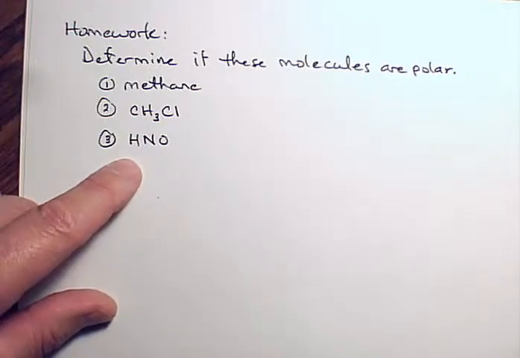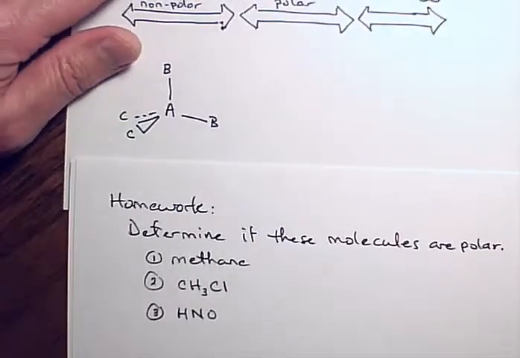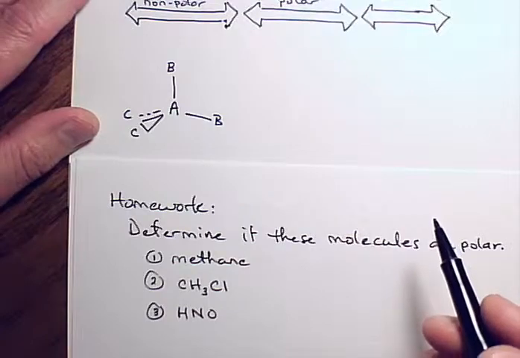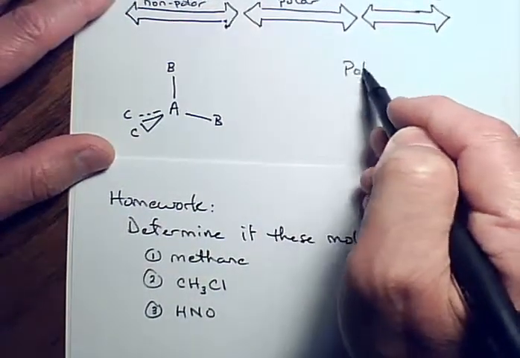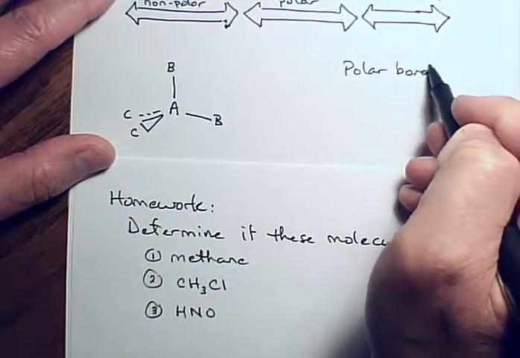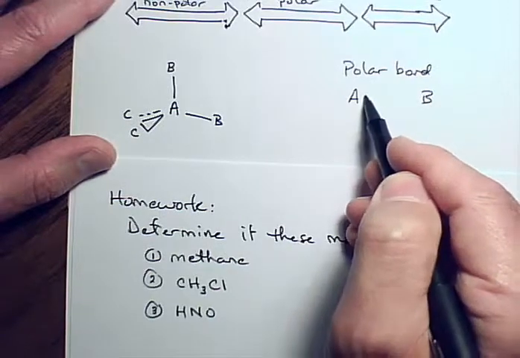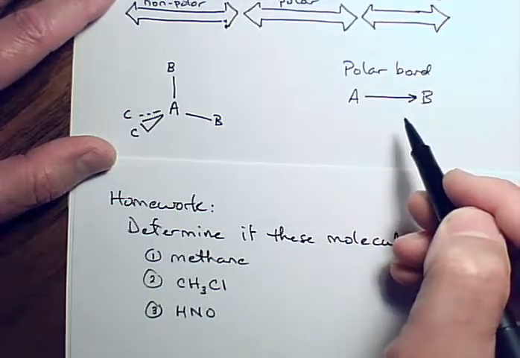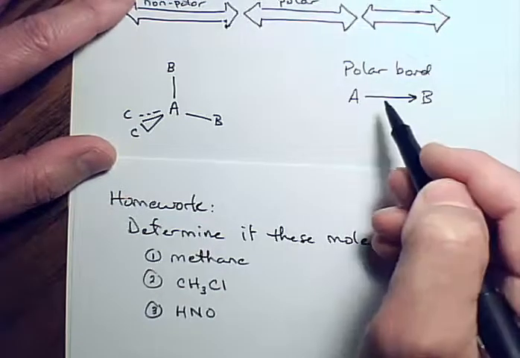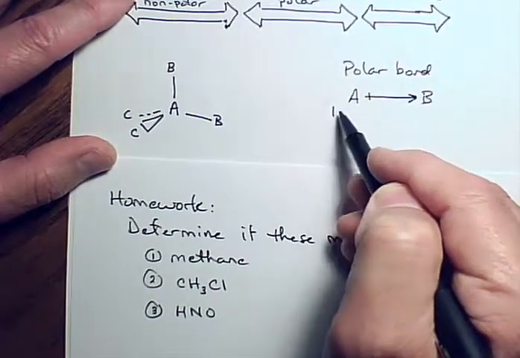While you're writing those down, let me give you a couple of things that might help you. You don't really need them, but they might help. If I want to show a bond that's polar, between A and B, I'm going to draw an arrow in the direction of the more electronegative element, and put a plus sign on the other end.